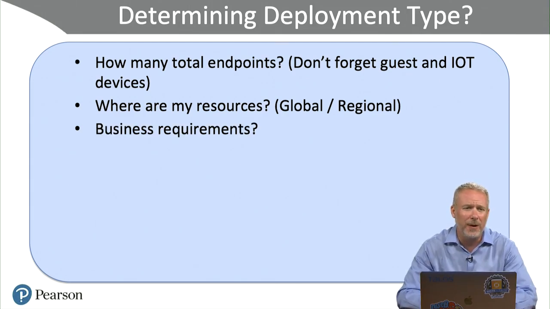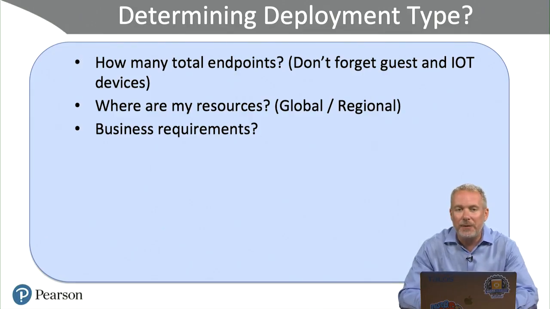What are my business requirements? For instance, from a failover perspective, are there any specific things that I need to keep in mind? ISE is a highly available system, but you have to take into account when things happen that are unexpected. Are there things, whether regulatory or business related, that are going to make a specific design decision one way or the other? For example, I have a big healthcare background.